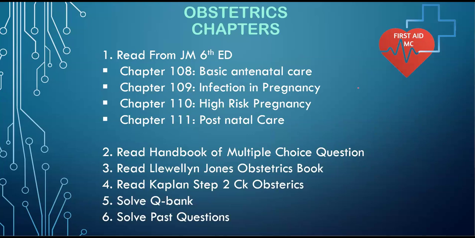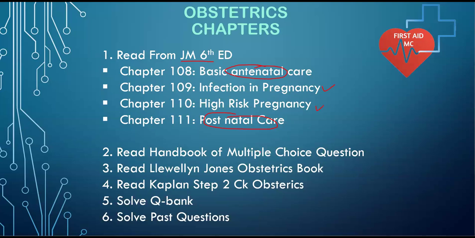The 7th and 8th editions have only got two chapters, antenatal care and postnatal care. That's why we follow the 6th edition, because the 6th edition had these two chapters, chapter 109 and 110. So sometimes we go through the 6th edition for these two chapters, and for the other two chapters we mainly follow the current edition.